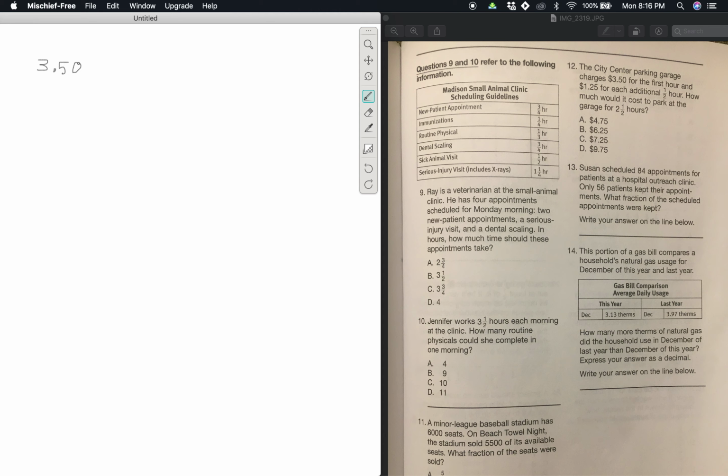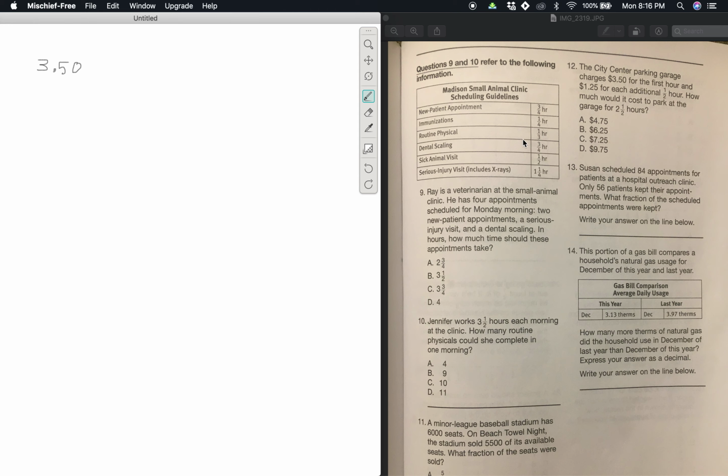Since we've already spent $3.50, let's remove an hour from here. Also, you can't really do this calculation with different rates at once: the first hour is $3.50, then each additional half hour is $1.25. You need to separate them first.